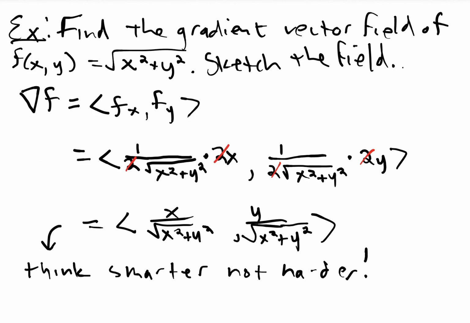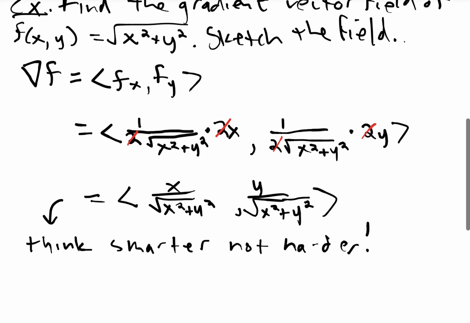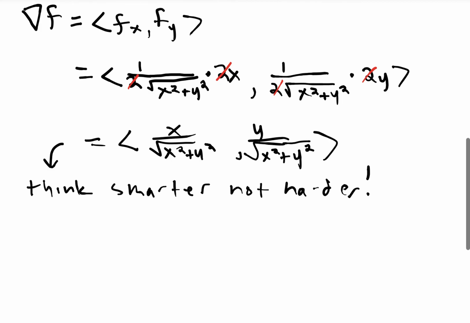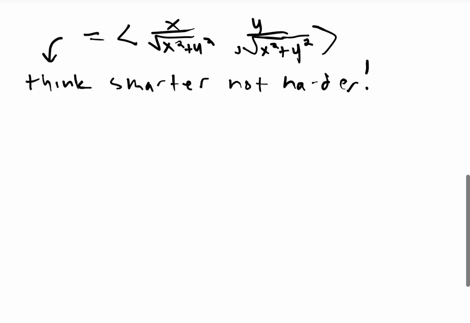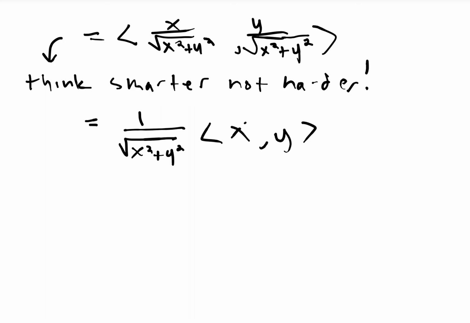I'm going to point out an observation here that'll hopefully make this a little bit easier to sketch. Okay, so if this is the vector field that I'm worried about sketching, here's my observation, right? I've got the same denominator in both of these components, so it kind of looks like I've basically got 1 over this square root of x squared plus y squared here times a vector that's just got x and y in it.